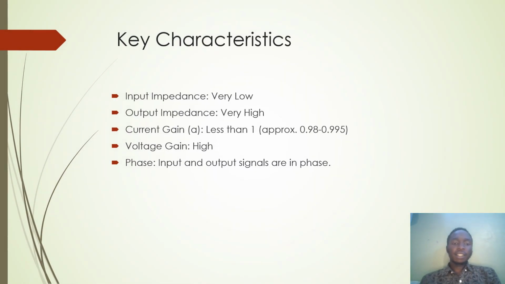We have the key characteristics. The input impedance is very low and the output impedance is very high, so the output impedance is higher than the input impedance. The current gain is less than 1, approximately 0.98 to 0.995.